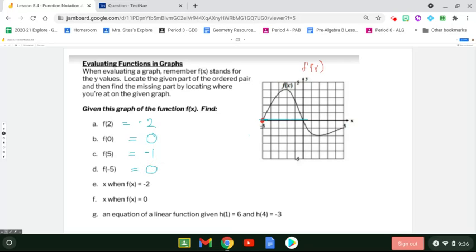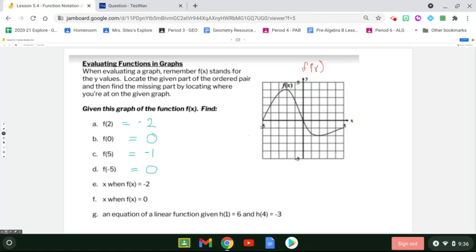Okay, that was for letters A through D because the problems look very similar. The wording changes up on E and F. You have to figure out what x is when the y value, or f of x, is equal to negative 2 and 0. So we're going to work backwards. This time I'm looking on the y-axis.